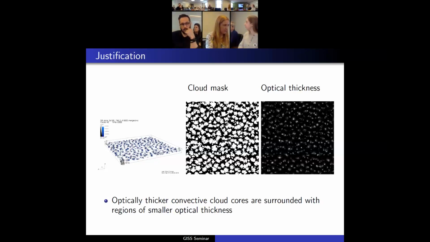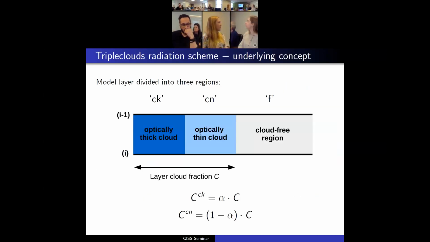Okay. So now we can go back to this basic concept of the Triplecloud scheme, and we can try to imagine such individual model layer divided into three regions. I'm denoting the two cloudy regions with Ck and Cn, so cloud thick and cloud thin.